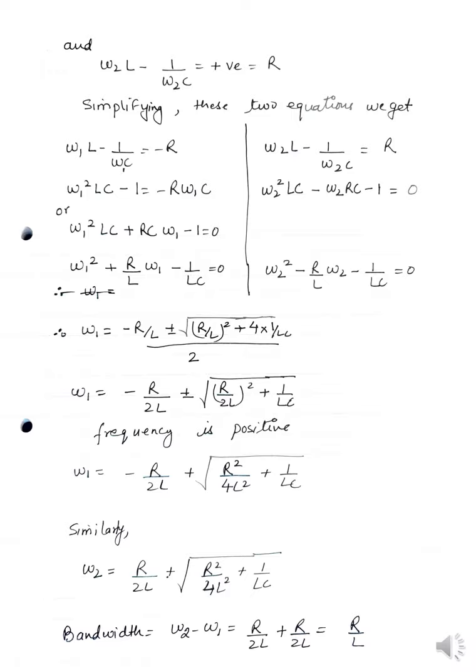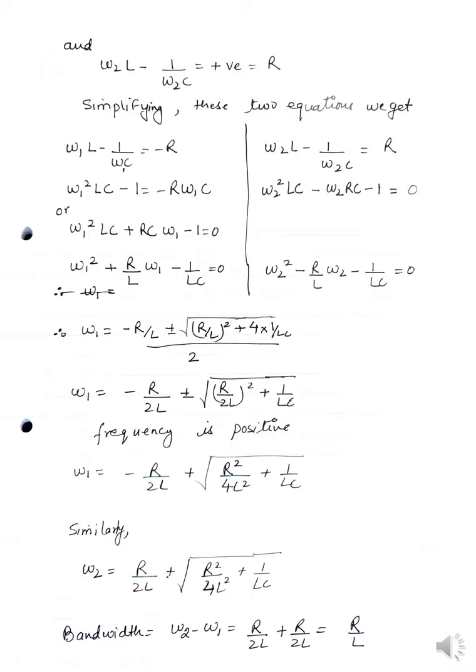Now if we simplify these two equations, I hope you know how to simplify them. You will simplify, then it will be similar to this. You need to create them first of all in the form of a quadratic equation, and then you have to use the formula of the quadratic equation. So this omega 1 will be equal to this.